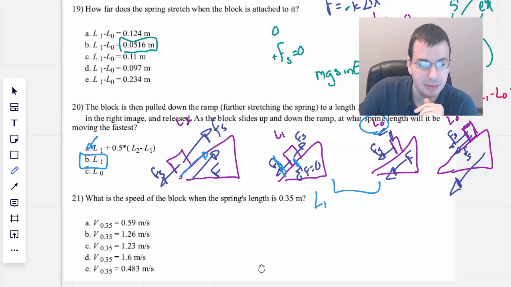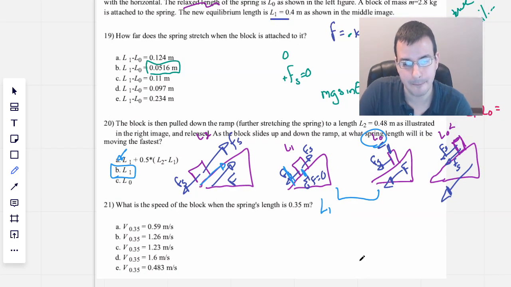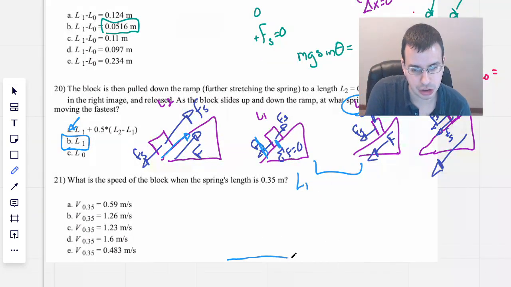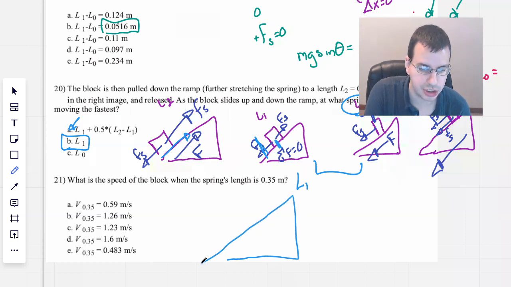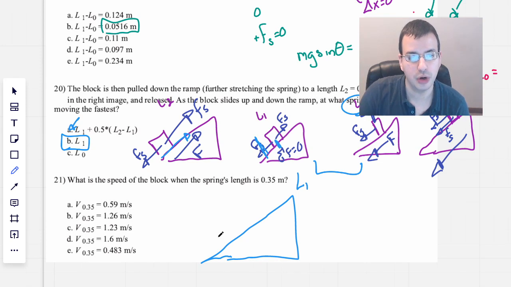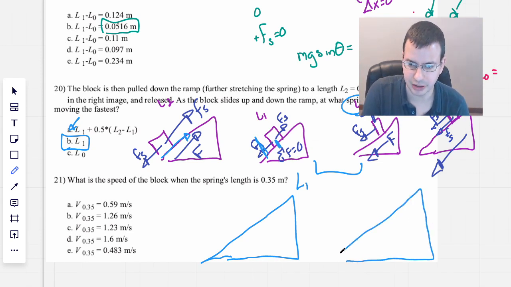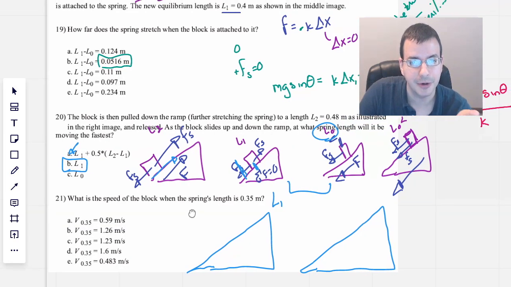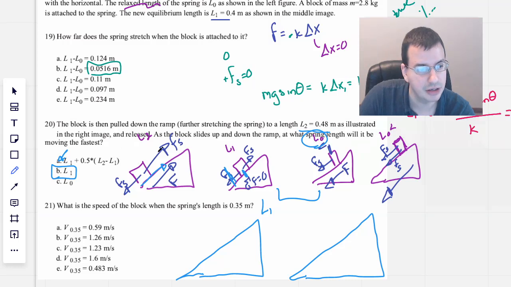Now, what is the speed of the block when the spring's length is 0.35 meters? Okay, so we're going to look at two scenarios. This block is moving up and down continuously, so we want to pick two points and do kind of an energy balance. We have one point where we know it's not moving, and that's 0.48.